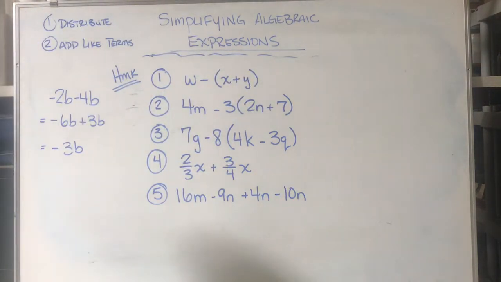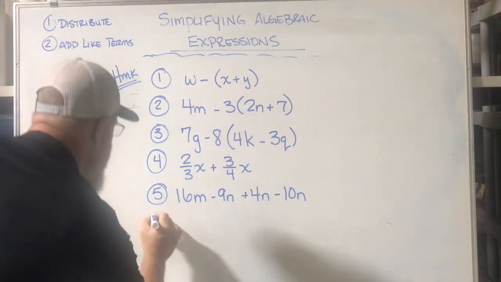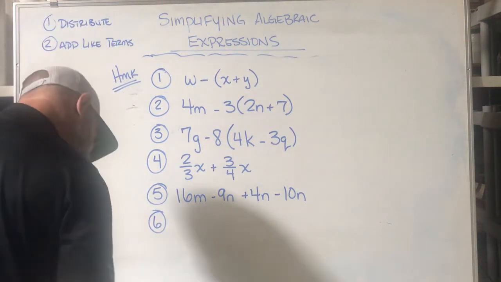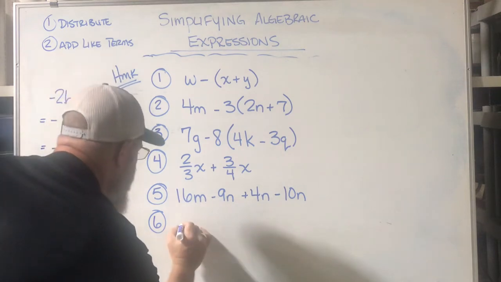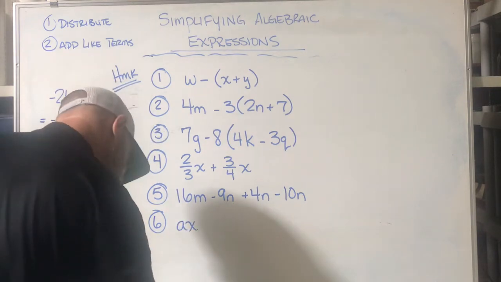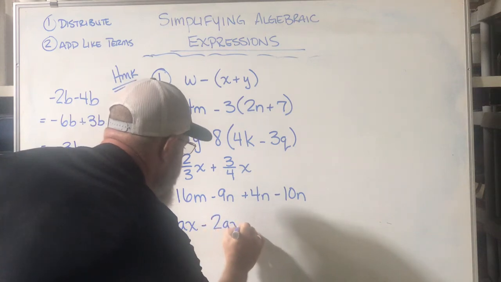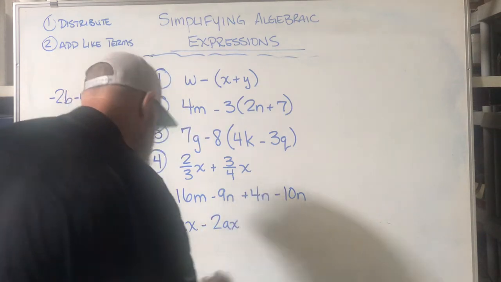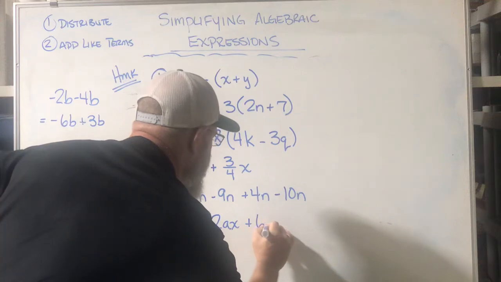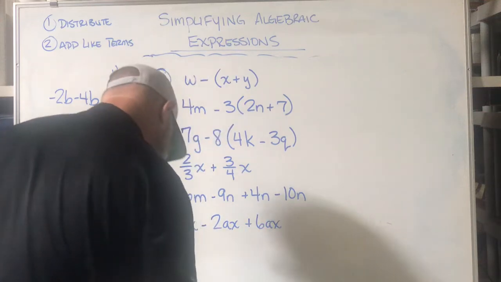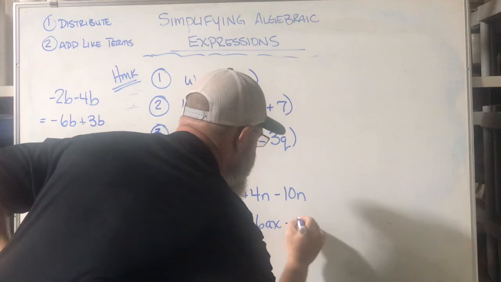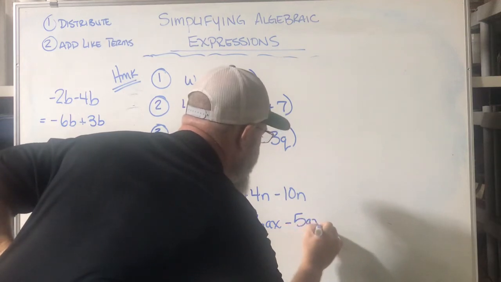Do that one. Number 6. I want you to do a times x minus 2a times x plus 6a times x minus 5a times x.